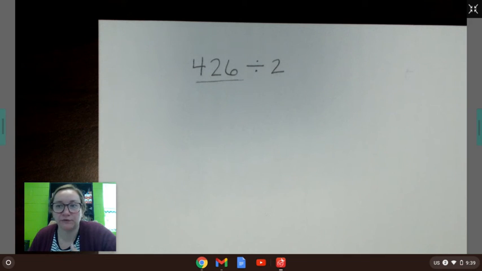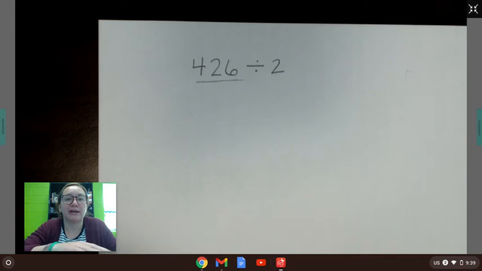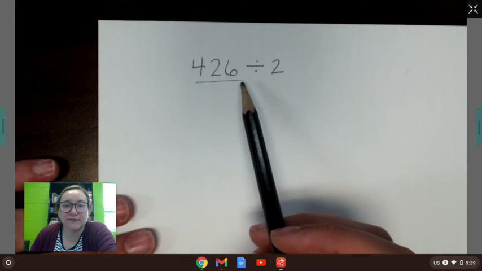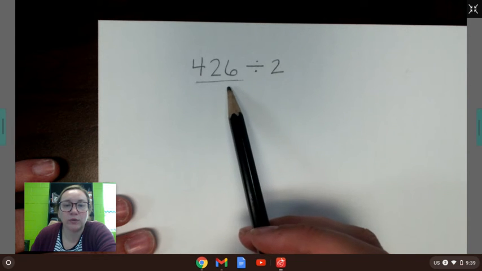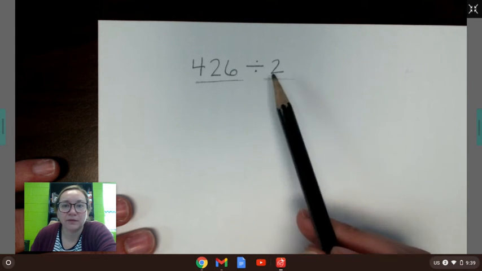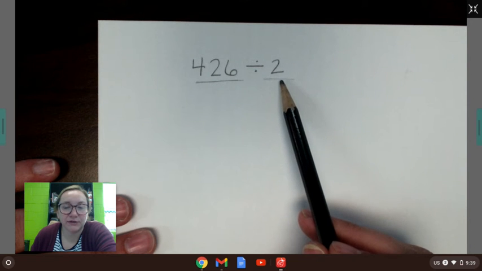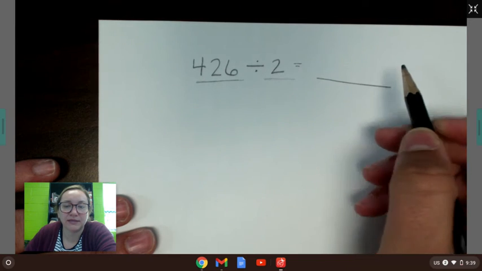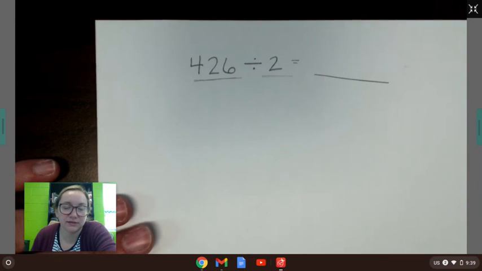Like, if you have 426 cards, you have 2 people, you're sharing, you're dividing them up between the 2 people. So this is your dividend. This is that whole that you have. This is what you're dividing by, and this is called your divisor. Now, your answer to a division problem is called your quotient.